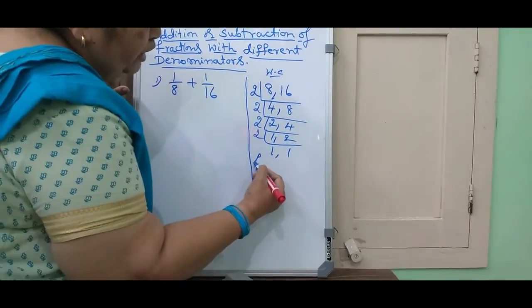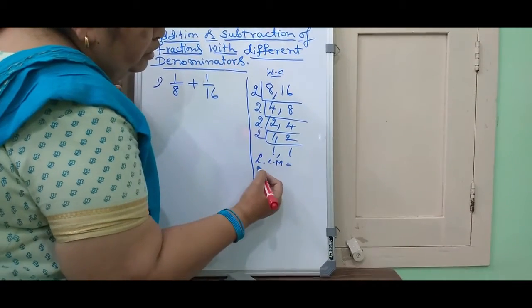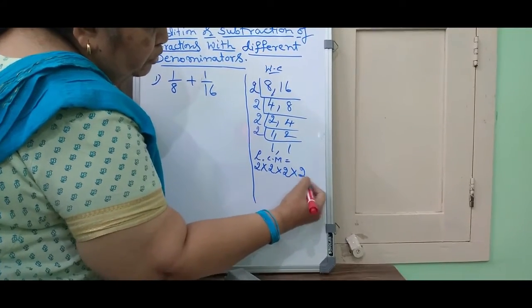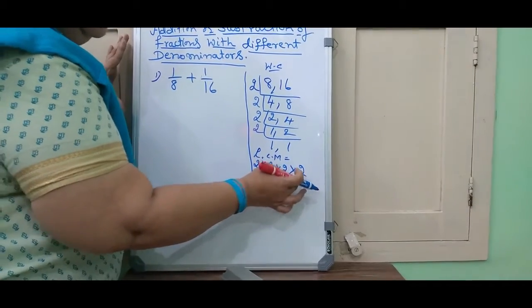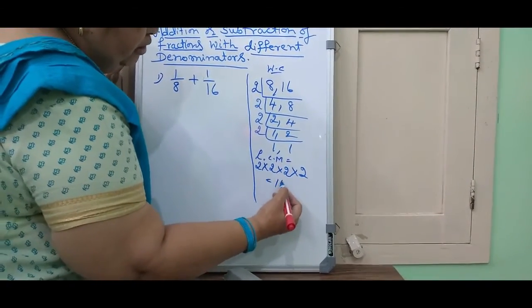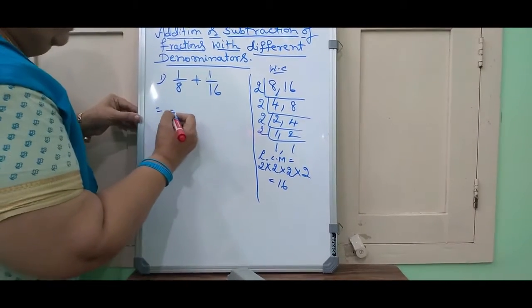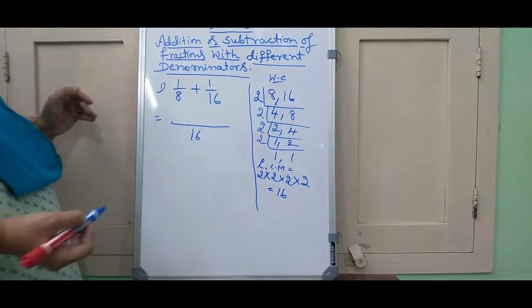So now we can write this LCM will be 2 into 2 into 2 into 2. So we multiply this: 2 2s are 4, 4 2s are 8, 8 2s are 16. So now here in the main steps we will write 16.